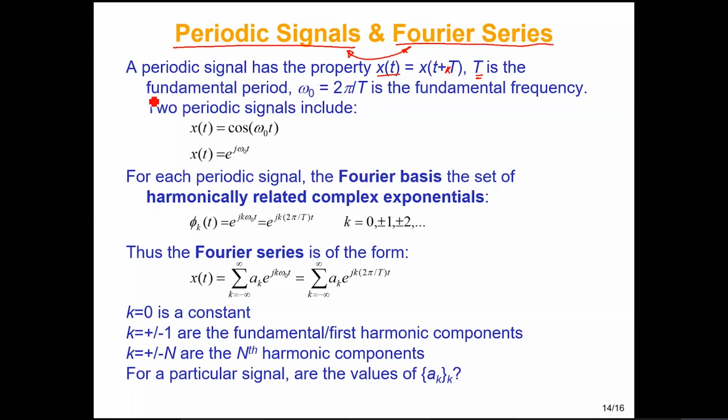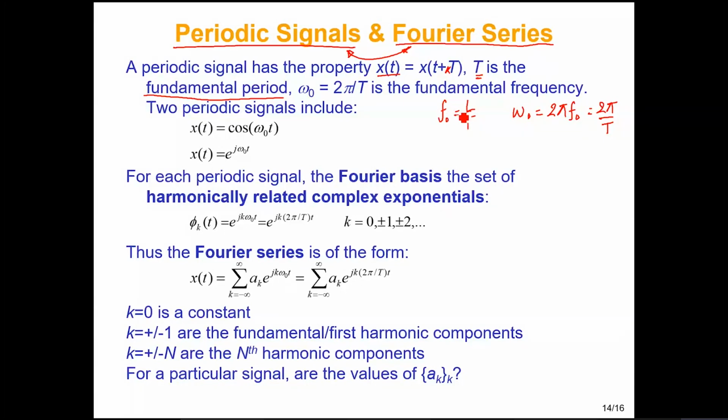T is also known as the fundamental period or time period. T is linked with your fundamental frequency f naught by this relationship: the fundamental frequency is 1 over T. And the fundamental angular frequency is basically 2 pi f naught, so we can write it as 2 pi over T. So the relationship between time period, fundamental frequency and fundamental angular frequency is shown right here.